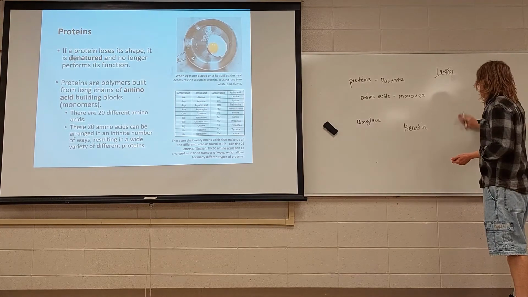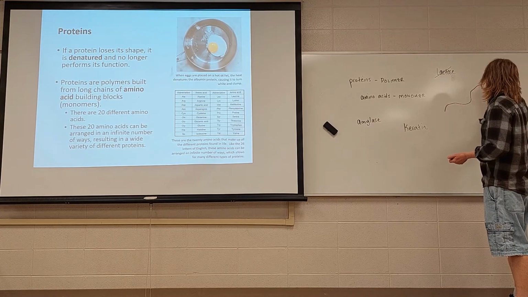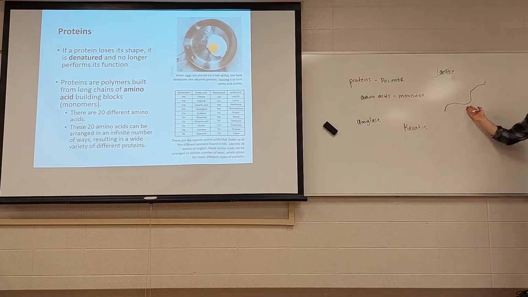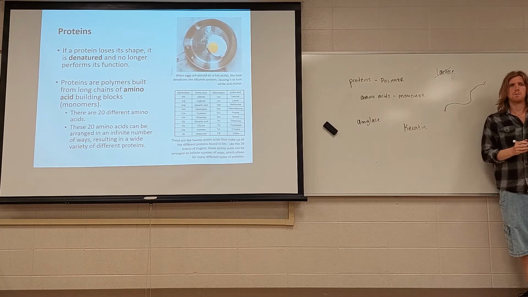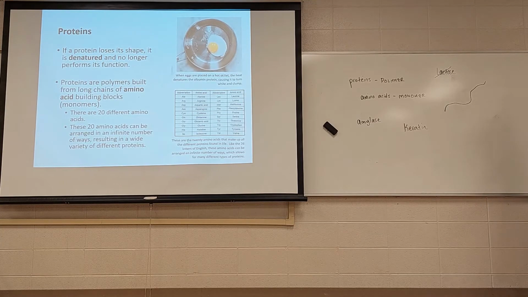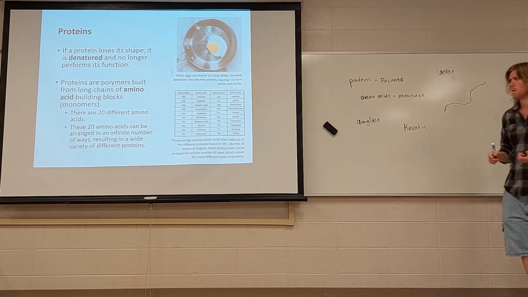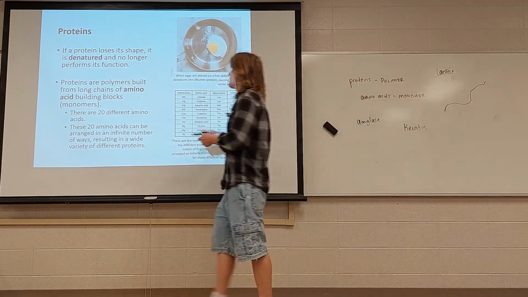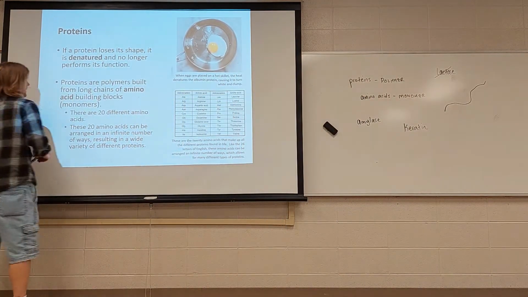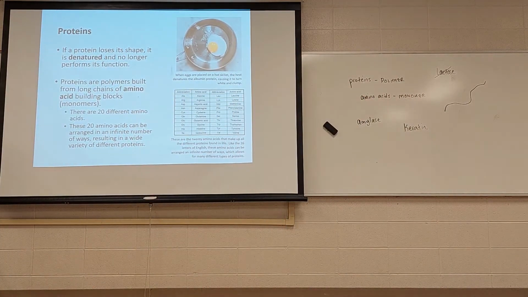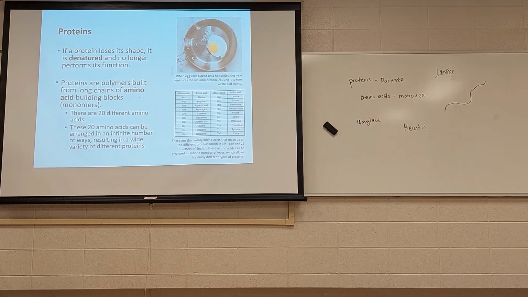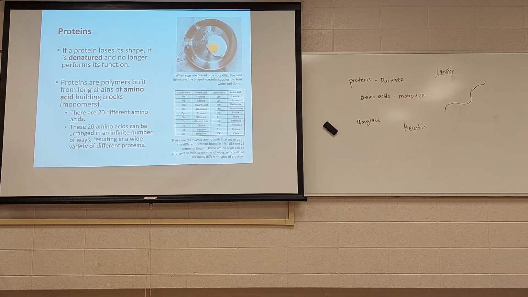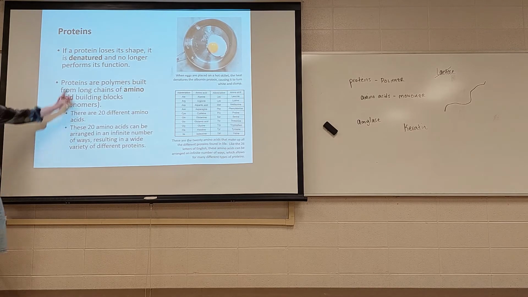You can bend it, and physically speaking, it's still the same metal structure, but now it can't do its job anymore. It doesn't have the right shape. So proteins need their shape to function. If you expose a protein to a lot of heat, or a lot of salt, or other extreme changes in its environment, it might lose its shape.